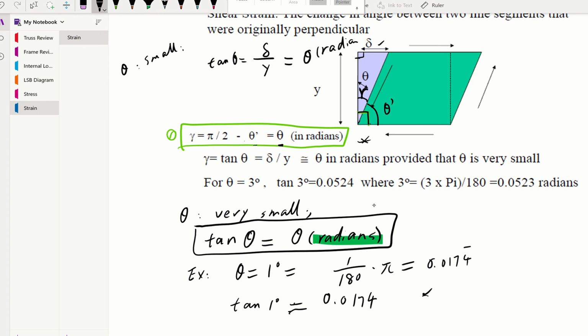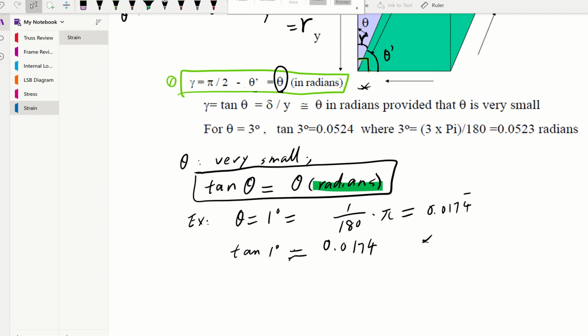And this theta in radians is our shear strain gamma. So we have another expression for our shear strain: gamma is not only equal to pi over 2 minus theta prime, it also equals theta, which is basically tangent theta, and for this problem that will be delta over y.